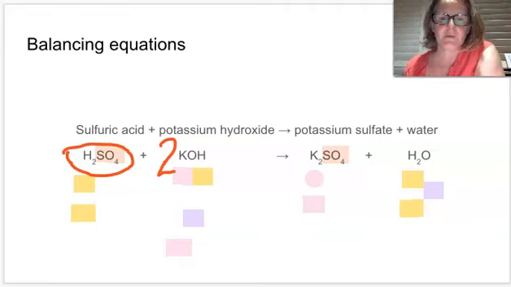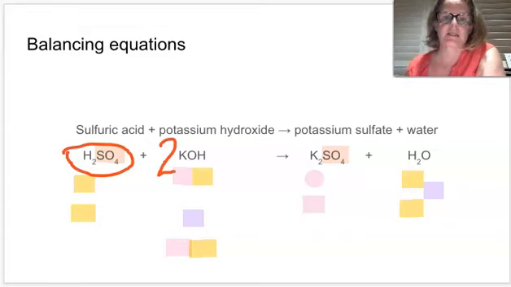We've just messed up our hydrogens though, because where we had 3 hydrogens on the left, we now have 4 hydrogens on the left, because we've taken a capital 2, we've got 2 molecules of potassium hydroxide, so we have an extra H. So we've now got 4 H's on the left, but only 2 on the right.